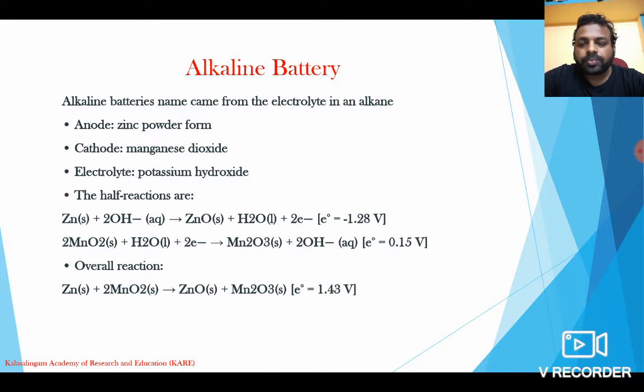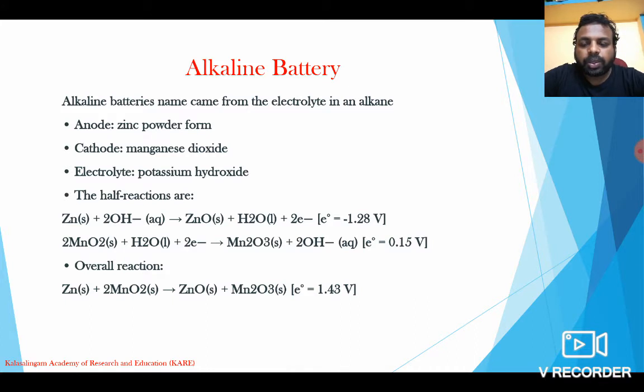On the anode side, zinc reacts with hydroxide ions, OH-, and the products are zinc oxide as well as liquid H2O. On the cathode side, manganese dioxide reacts with liquid H2O and is converted into manganese trioxide.